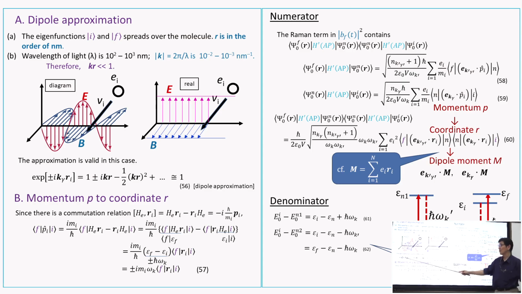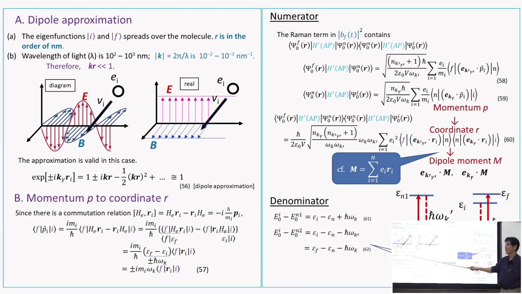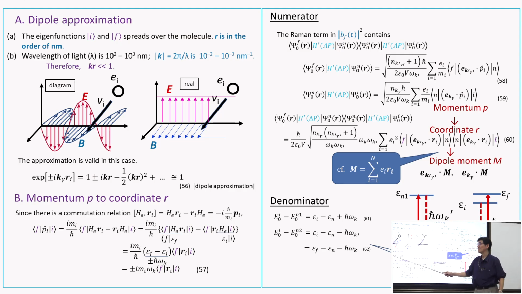Then it's possible to expand in this way. As far as kr is small, it's a good approximation. And the second and latter terms become much smaller than the first term. So we can assume that the exponential term is nearly equal to unity. This is the so-called dipole approximation. Dipole approximation.